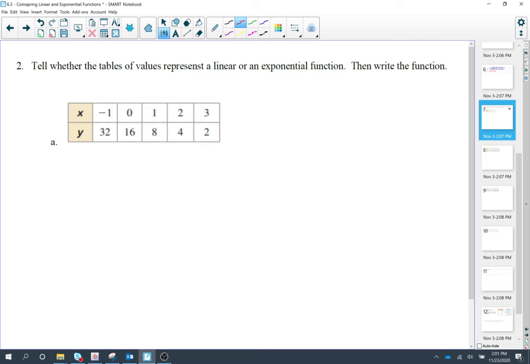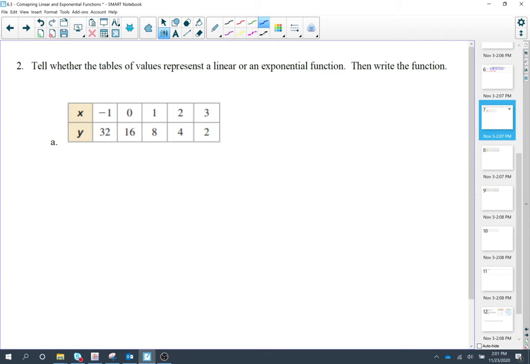Number 2, tell whether the table of values represents a linear or an exponential function. Then write the function. So letter A, the first thing I'm going to look for is my x values. My x values go from -1 to 0, then 1, 2, 3, increasing by 1. That's a good thing. If they're not increasing by 1, we really can't do this.